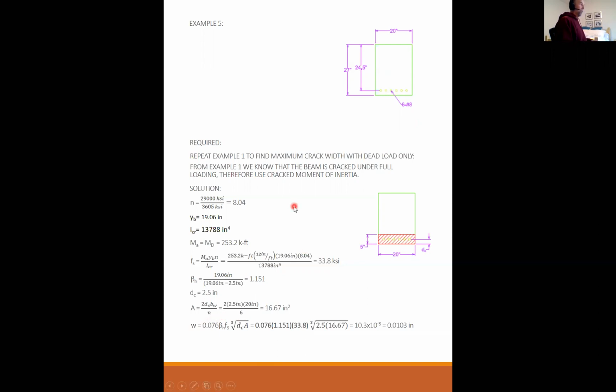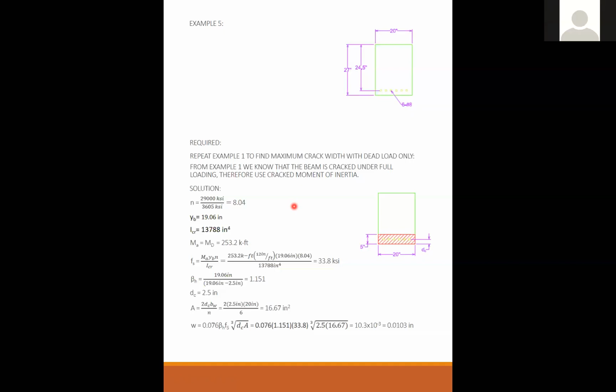So that's just one of those universal truths of concrete design. Bigger bars result in bigger cracks. More smaller bars is better for crack control than fewer bigger bars. And I think that's an important takeaway from this.